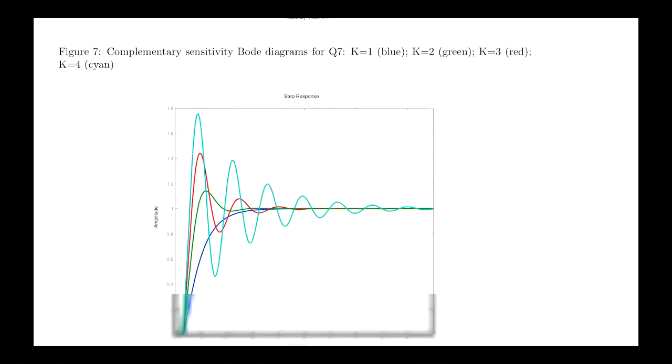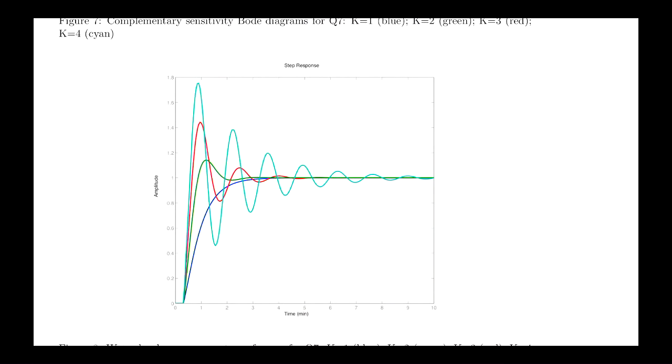You can see that when the gain is large, making this peak in the sensitivity function, you get a more oscillatory response compared to when the gain is low and you get a transient response that doesn't have any oscillations.